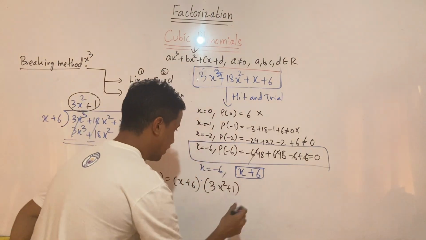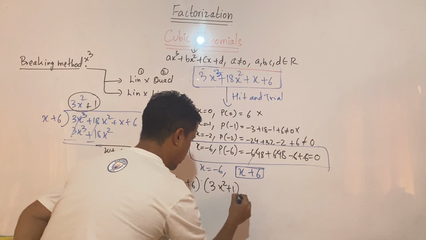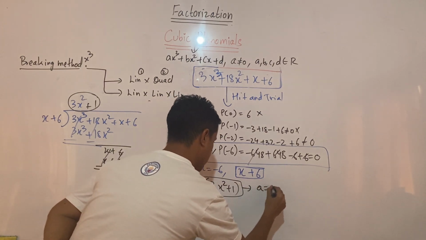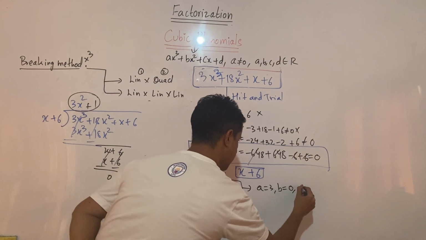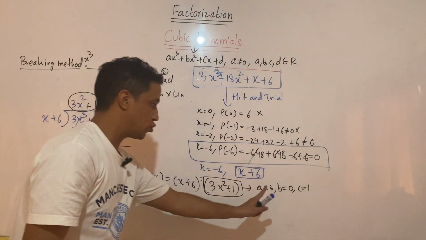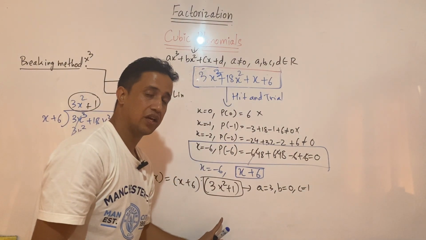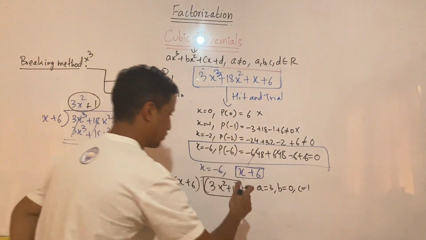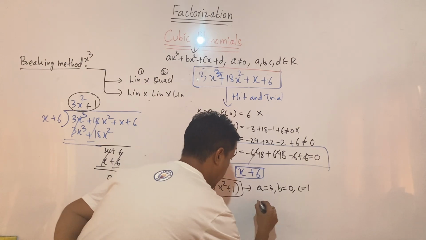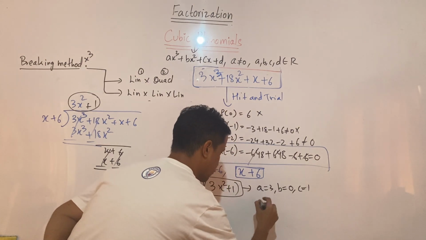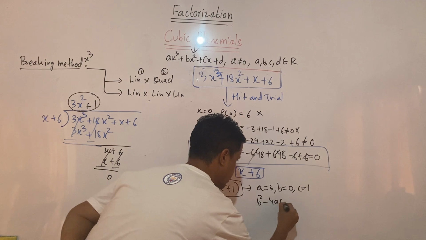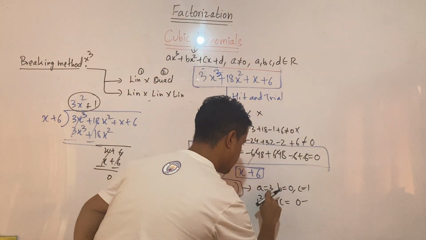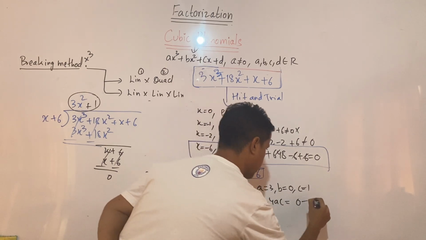For example, here I'm just talking about this. For this one, a is 3, b is 0, and c is 1. Now see here, it will have imaginary solutions. It will have imaginary values of x. See here, b square minus 4ac. So b is 0, minus 4ac, 4 times 3 is 12.